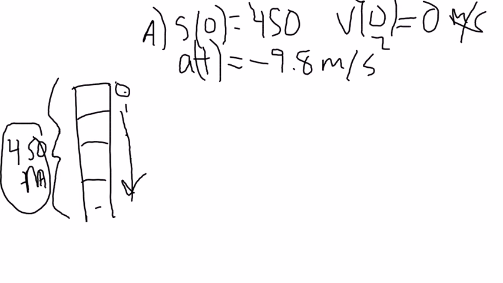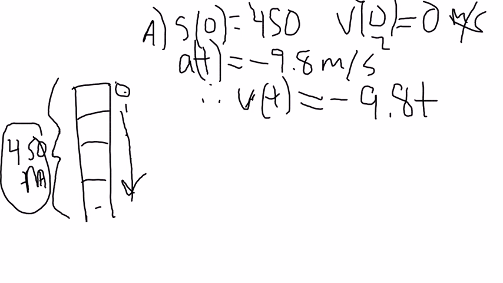Okay, so by using what we know about antiderivatives, we can use our acceleration formula to get a velocity formula. So we just have negative 9.8 is equal to A of t, so therefore V of t is equal to negative 9.8 t plus our arbitrary value c.